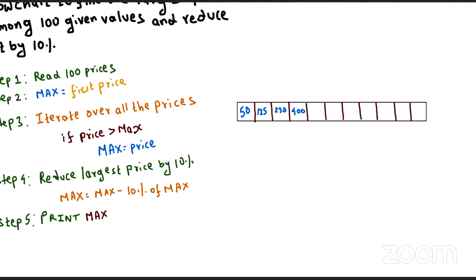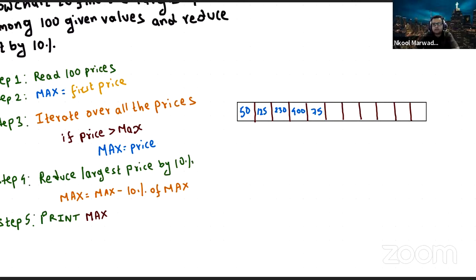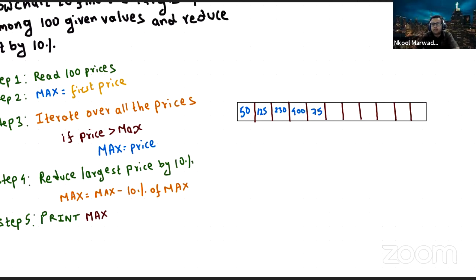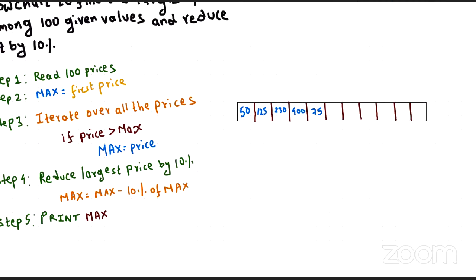So 75. Can it be negative? The price will never be negative, so let us keep it positive. This algorithm will work for negative numbers also, but here let us keep it positive. A few more numbers, please.